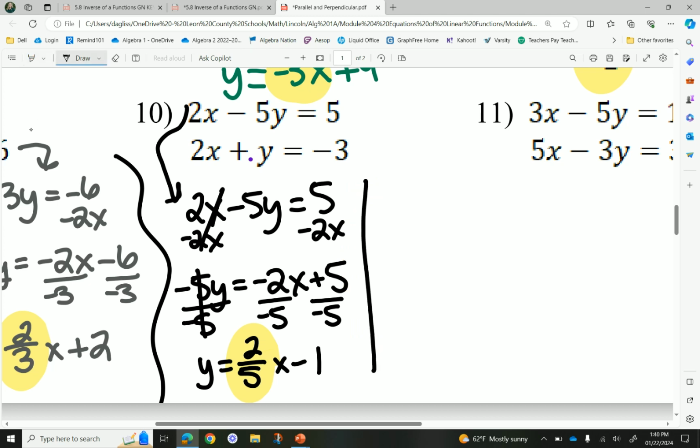All right, so let's do it again on the other side. The other side's actually going to be easier because see how y doesn't have a number attached to it? So it's only going to be a one-step problem. We have 2x plus y equals negative 3.